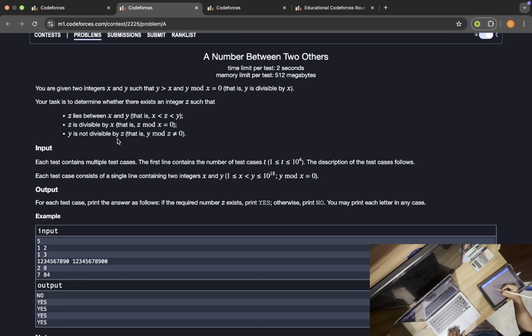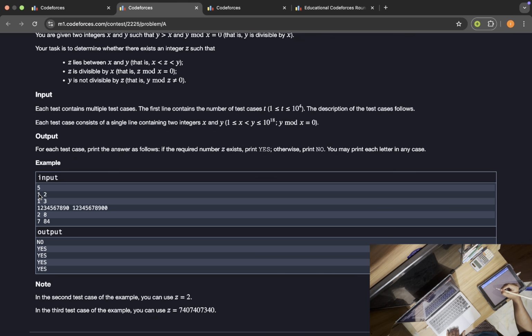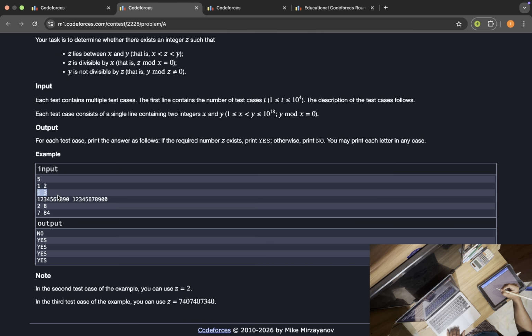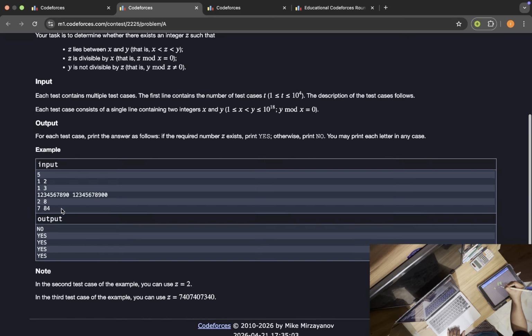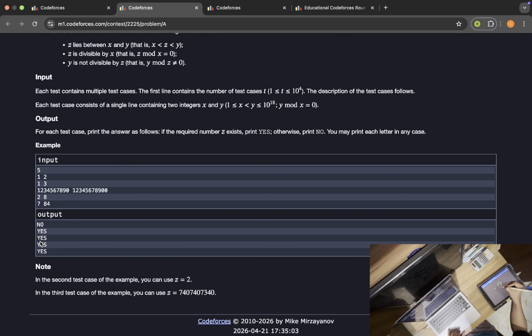Okay, so I have 3 1. Yeah, makes sense. Some multiple of this value, some multiple of x.